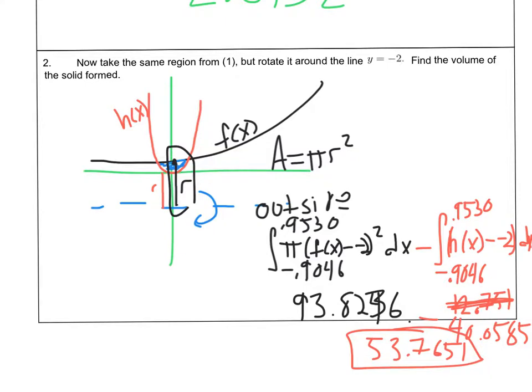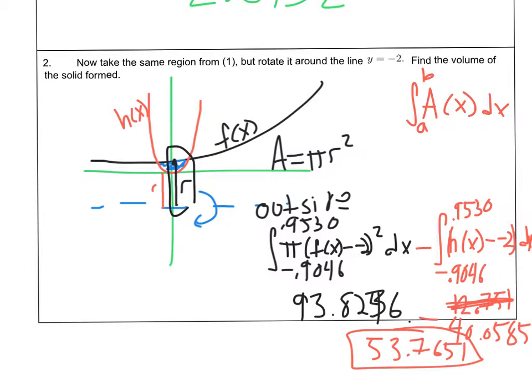Just to summarize what we did here, we realized that if we're spinning this, we're talking about circles as a cross-section. That's A equals pi r squared. We know to find the volume, we have to do the integral of some kind of cross-section. We're adding up all these slices, and we're going from the beginning to the end.